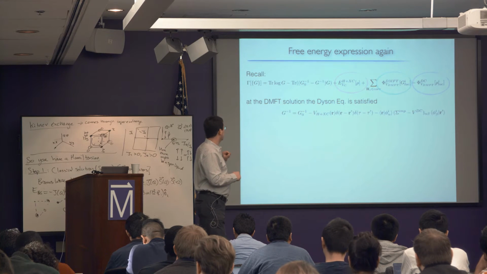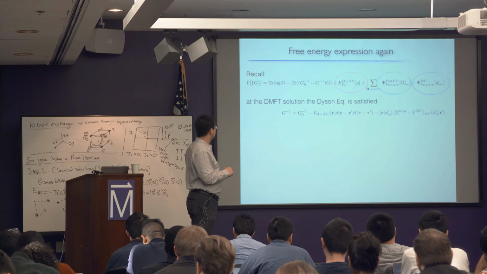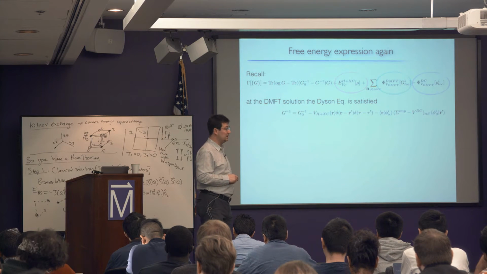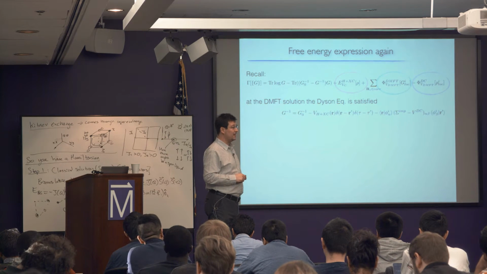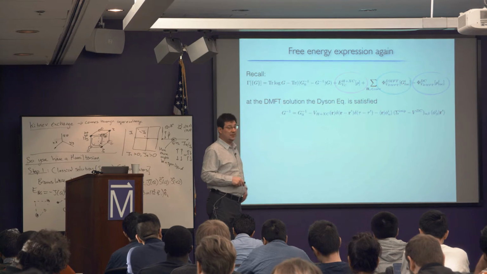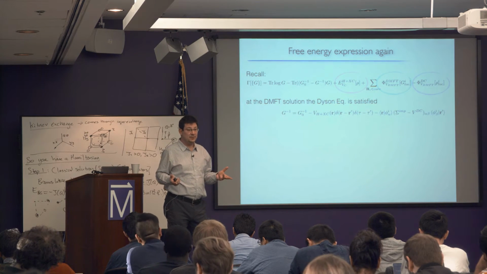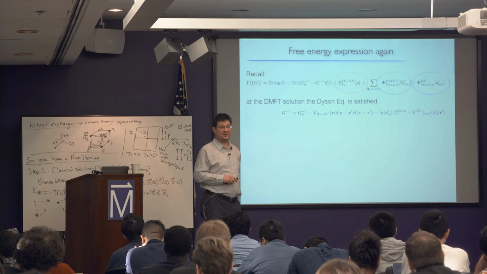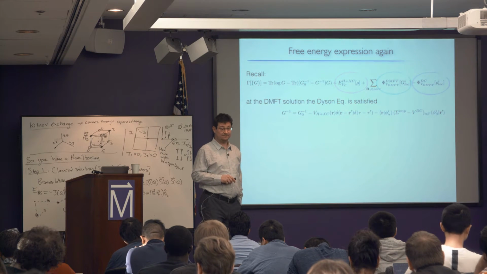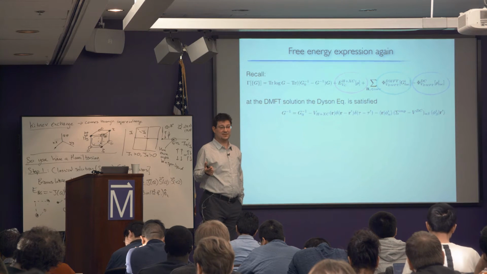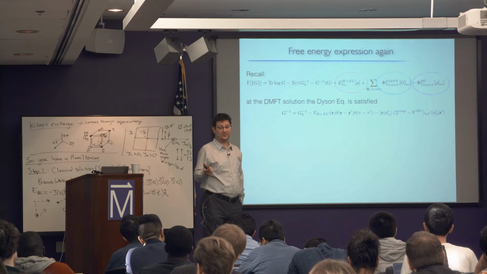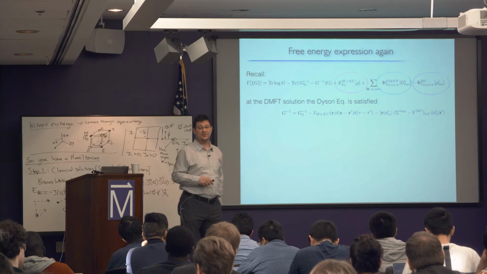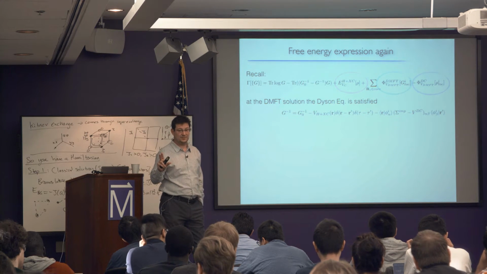Because naively, look, we need to take the derivative of this functional with respect to G twice, okay? And therefore, naively, you would say there are going to be terms which will be the derivative of the self-energy with respect to G, and this is the two-particle vertex function. That's extremely hard to calculate. Now, if such terms remain in the expression for the force, that's an extremely hard job.